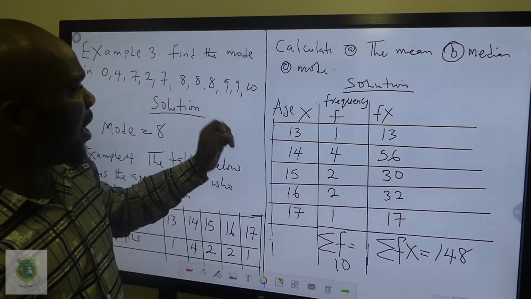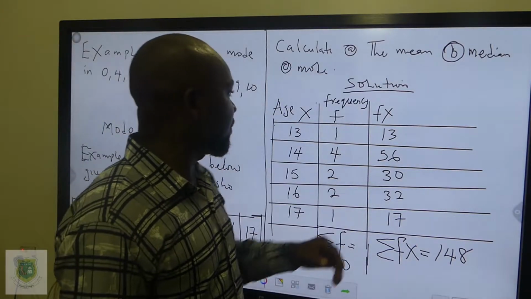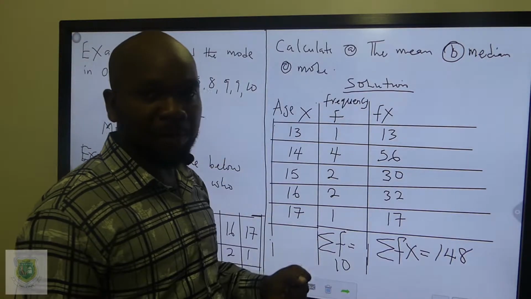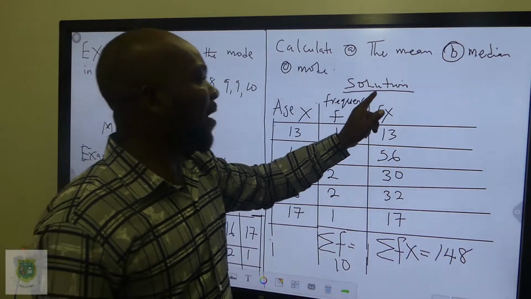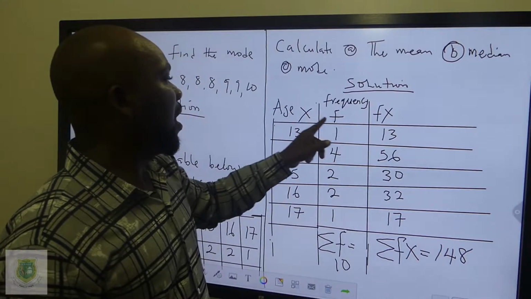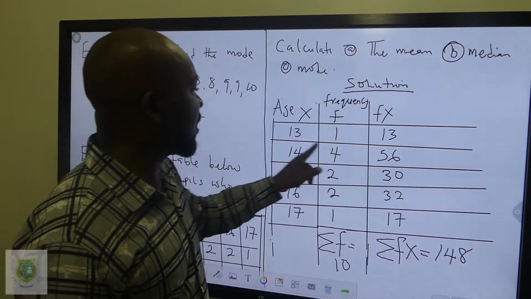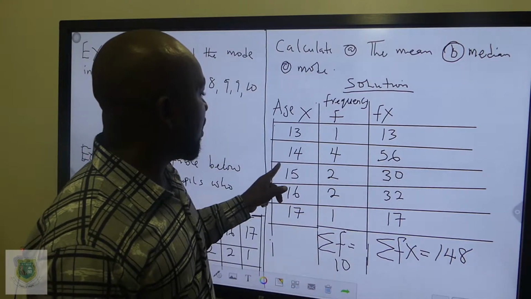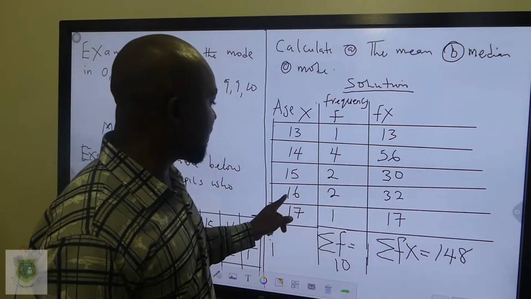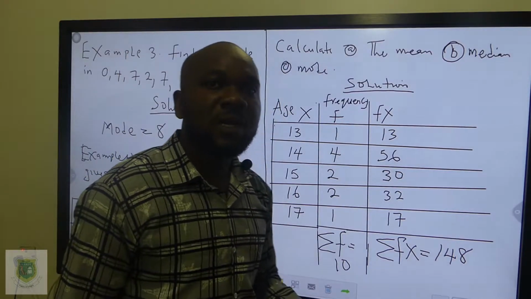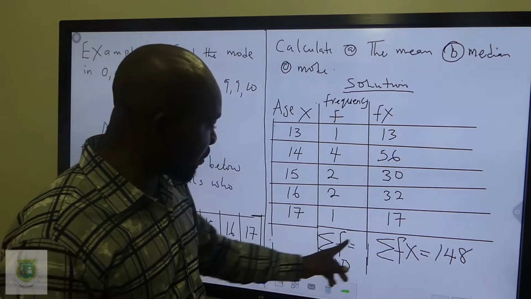Then for the mean, this is x, and frequency is f. fx means this times this. 13 times 1 is 13. 14 times 4 is 56. 15 times 2 is 30. 16 times 2 is 32. 1 times 17 is 17.